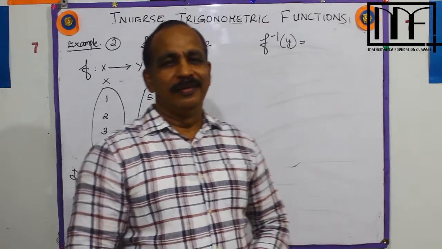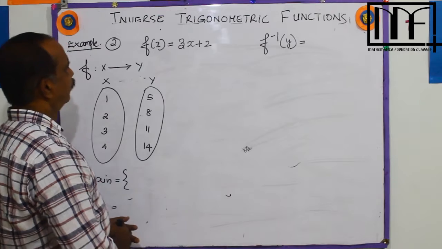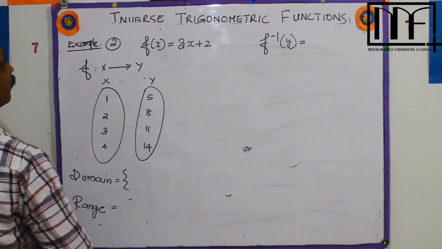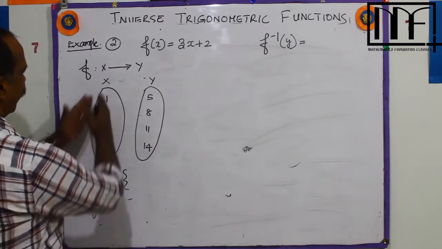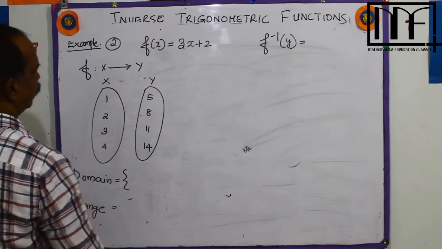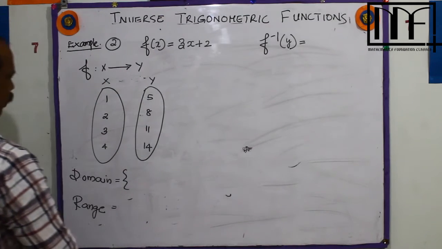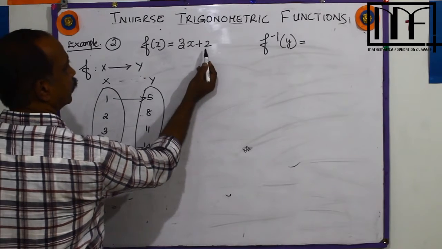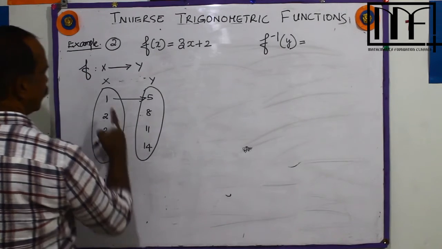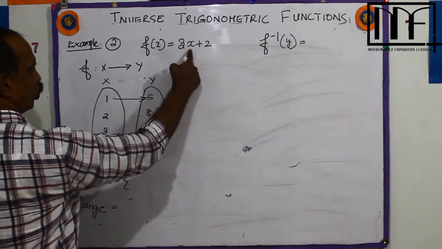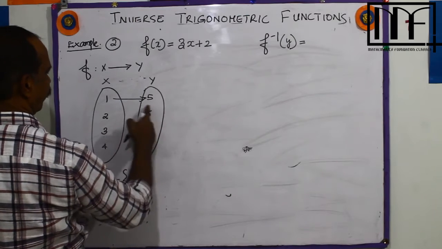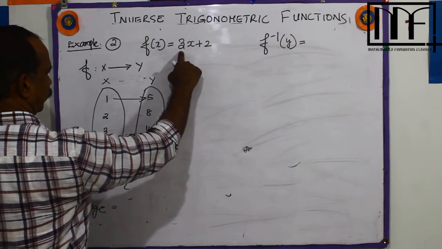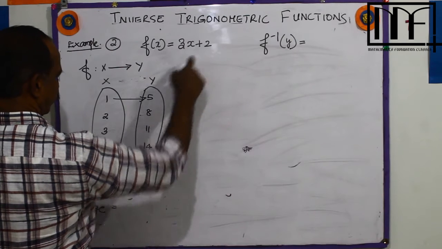Look at the second example. The given function is f(x) equals 3x plus 2. It is a function from X to Y, where X is the domain set and Y is the codomain set. Now 1 is connected to 5 with the relation f(x) equals 3x plus 2. When x is 1, 3 times 1 plus 2 is 5. For x equal to 2, 3 times 2 plus 2 is 8.